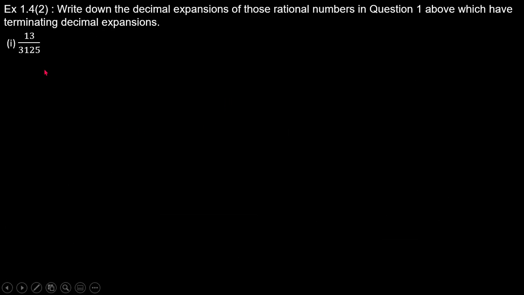So the first one was terminating, we take it. You have to actually carry out the division of this, and this is like a lengthy process. I have shown you this rough work, how you have to do 0 point, you do it 0, then you get 130, you give point, you write 2 more zeros, so you get 13,000. Now you can do it 4 times, likewise and like.